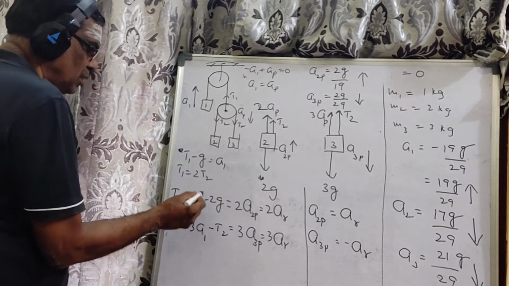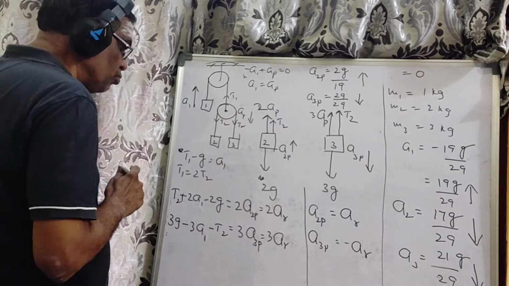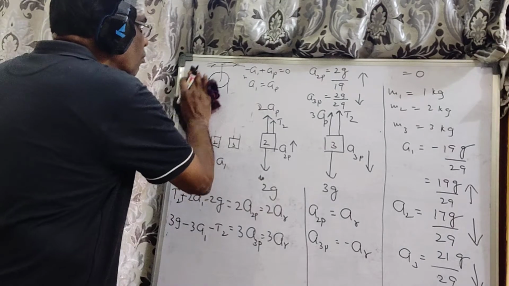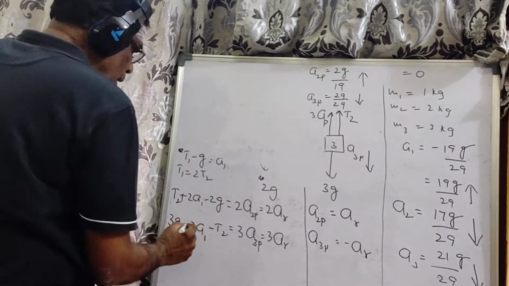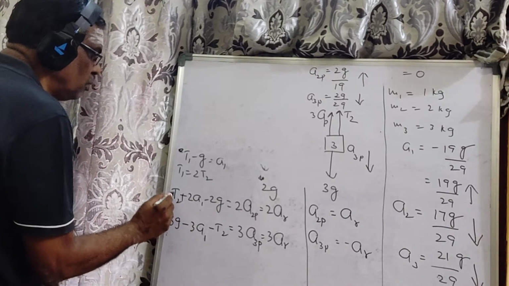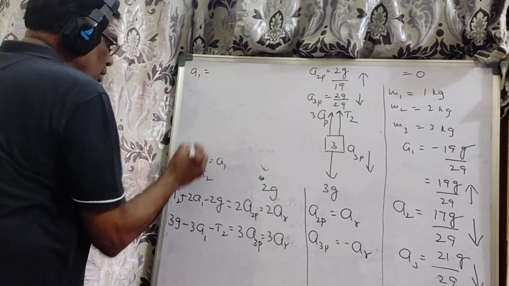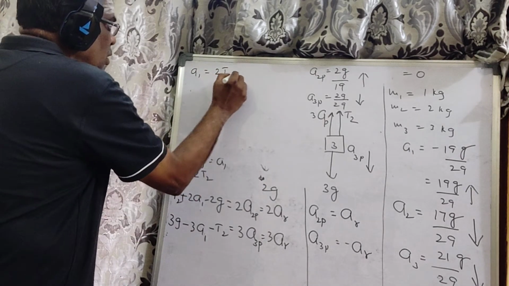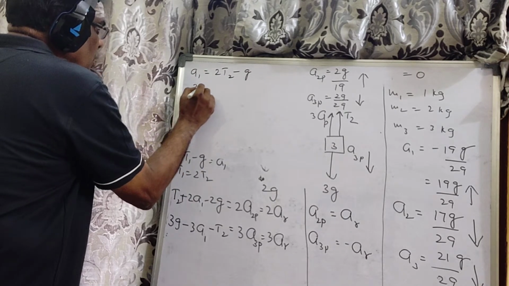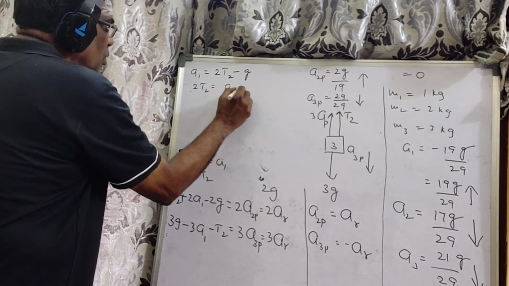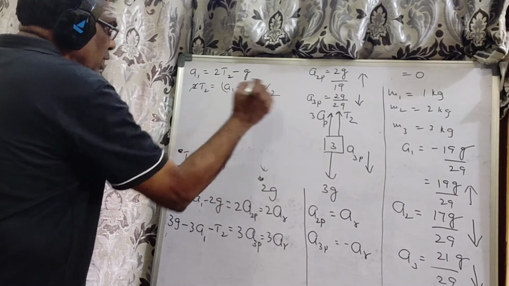A1, we will, okay, the T2. Instead of T2, what do we write for A1? A1 is equal to 2T2 minus G, or 2T2 is equal to A1 plus G, or divided by 2.